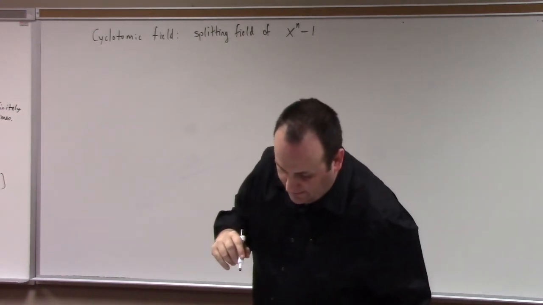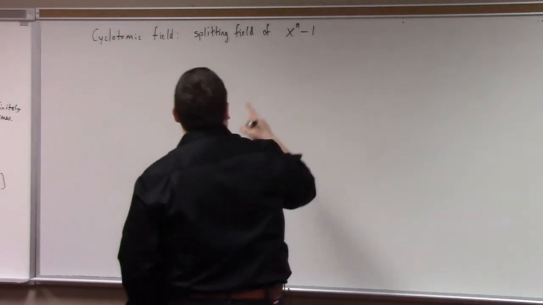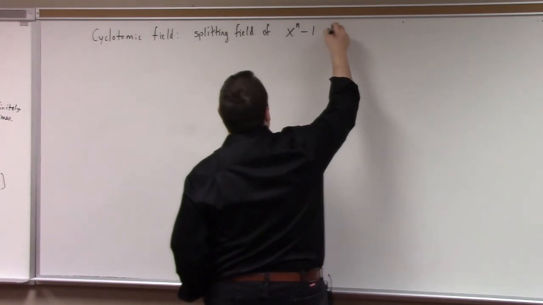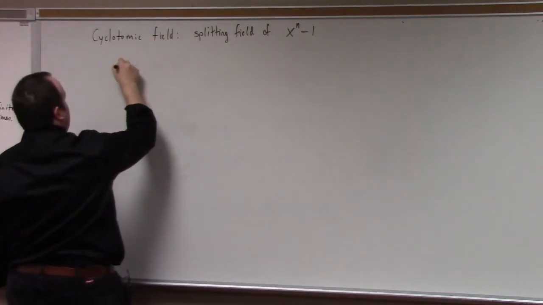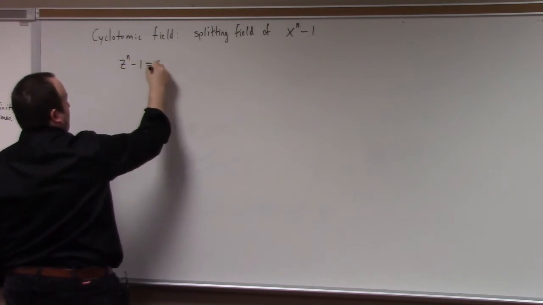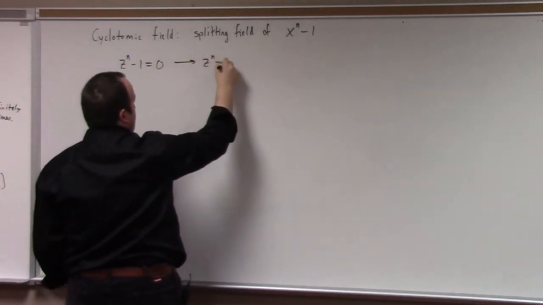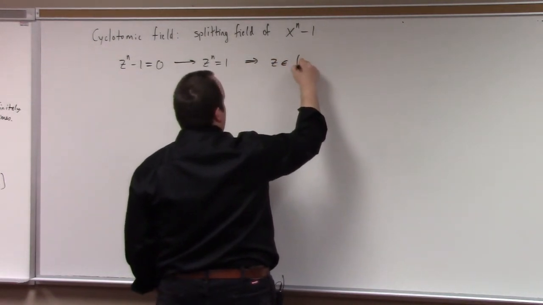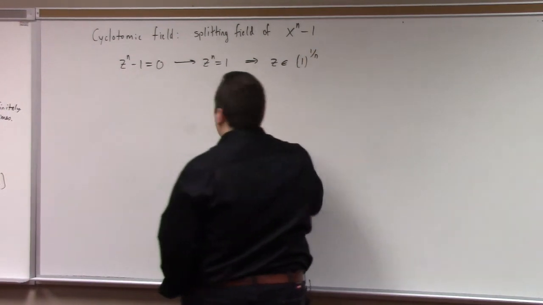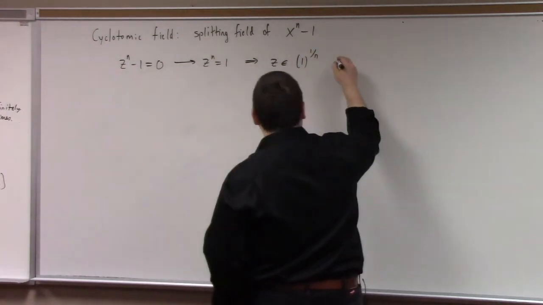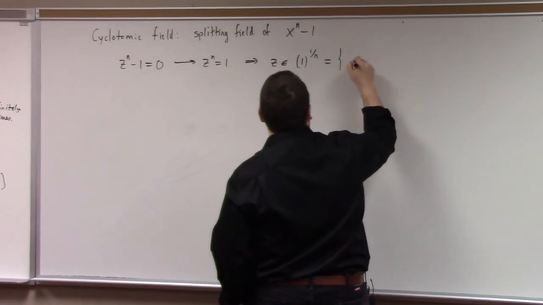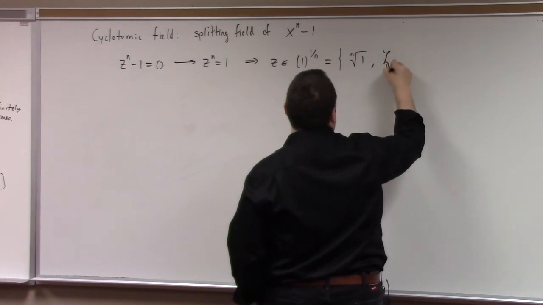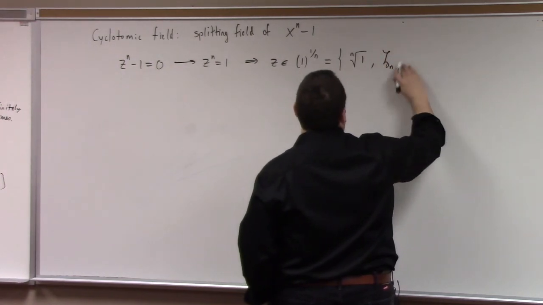And as I was just describing, if you look at the zeros of this in terms of the complex numbers, if we just look at z to the n minus 1 equals 0, in other words z to the n equals 1, well, that implies that z is an element of the nth roots of unity, which here's the typical notation I use in complex variables, 1 to the 1/n. And so that is, by complex analysis, the principal nth root of 1, and then zeta n times the principal nth root of 1.